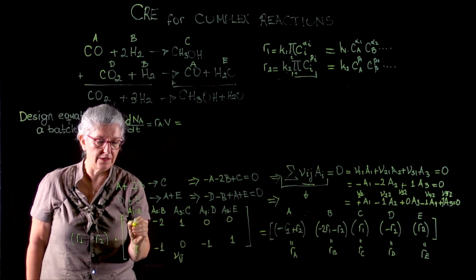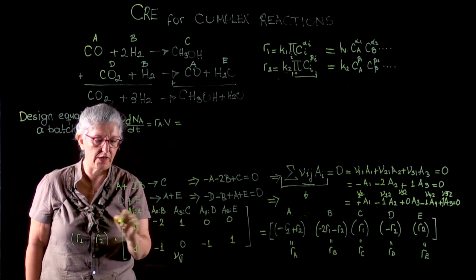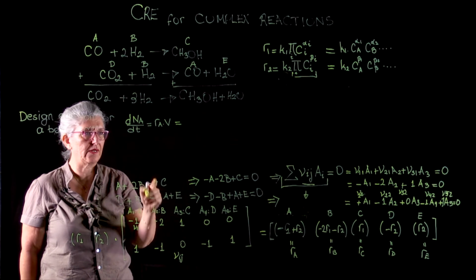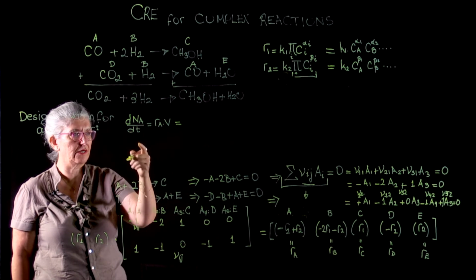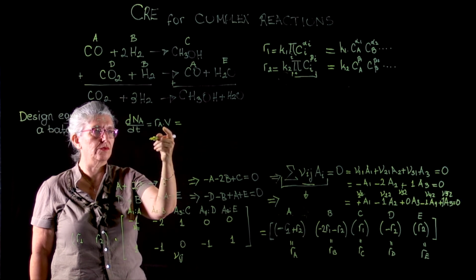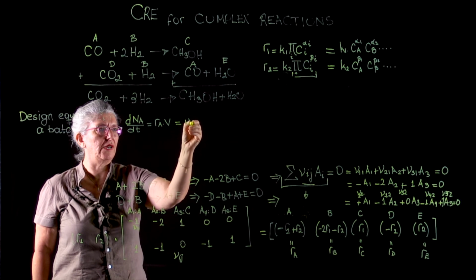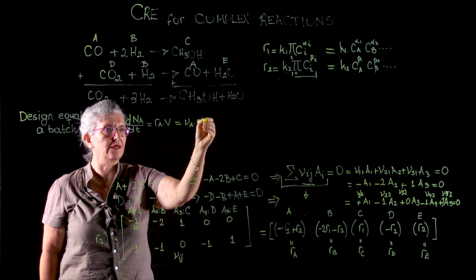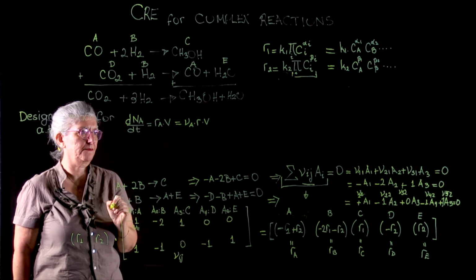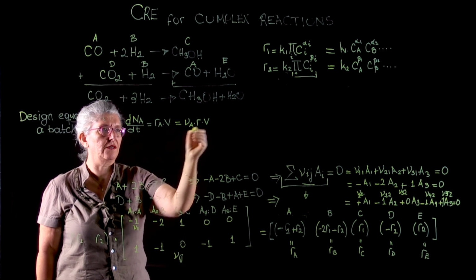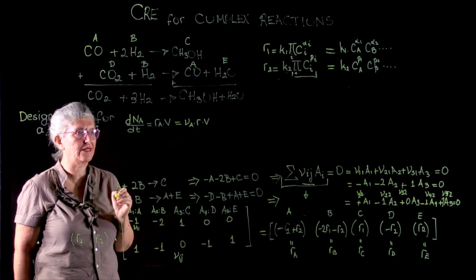So this is nu 1, 1. R1 multiplied by nu 1, 1. Let's apply that logic here. RA is equal to nu A times R times V. This is the more rigorous representation of reaction rate.